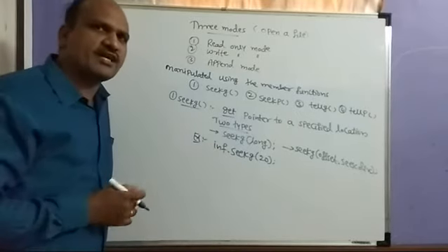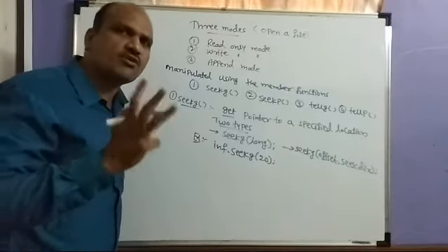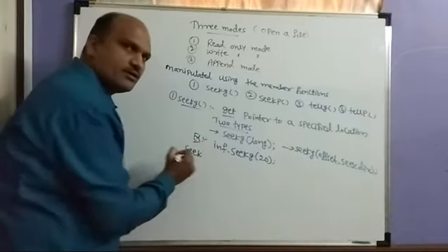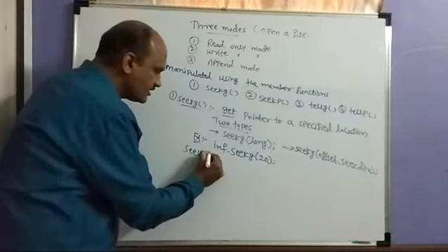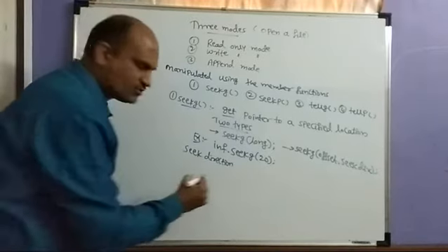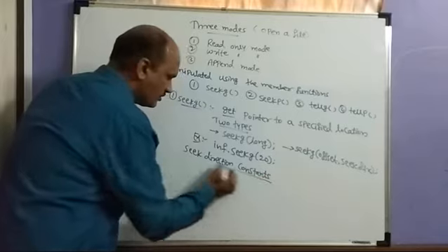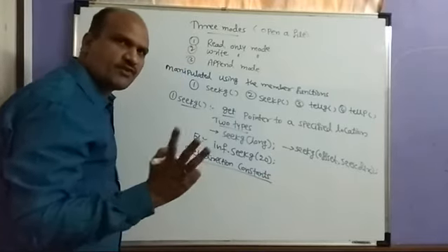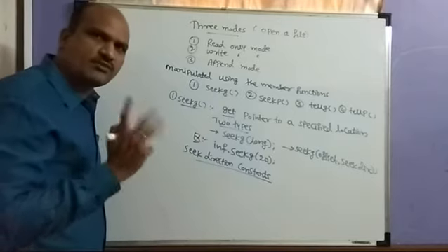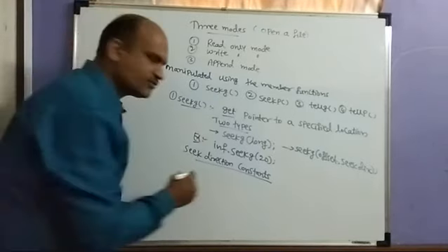In the seek direction, we call them seek direction constants. There are 3 constants we are using, and these 3 constants are defined in the ios class.